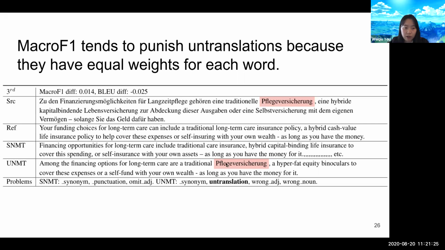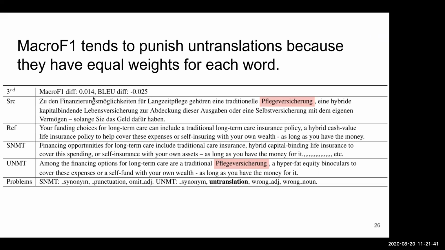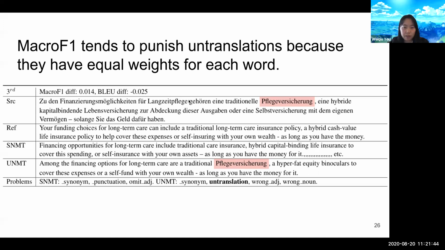And macro F1 prefers SNMT, while BLEU thinks this is not that big of a problem and prefers UMT. As you can see, the delta BLEU is negative, which means it prefers UMT.